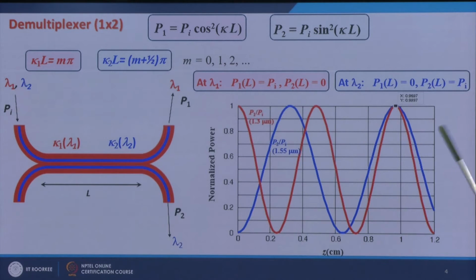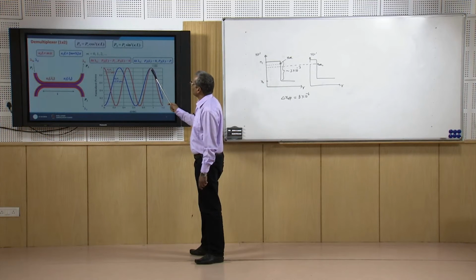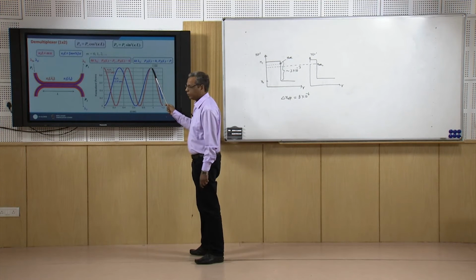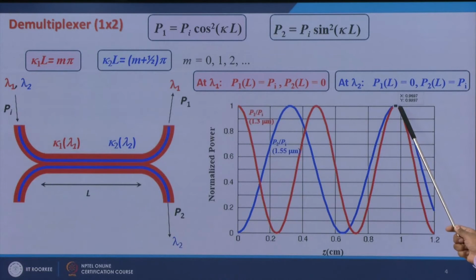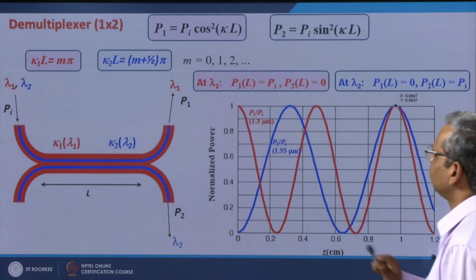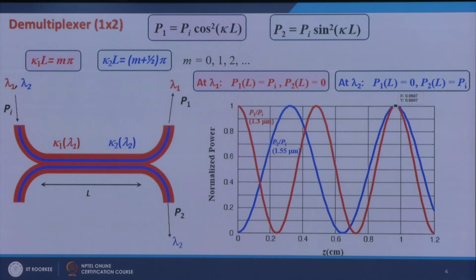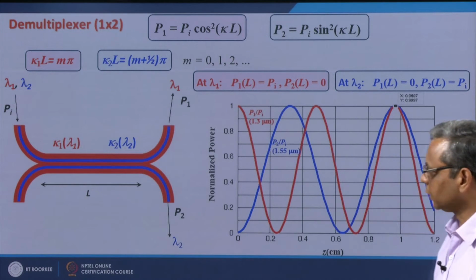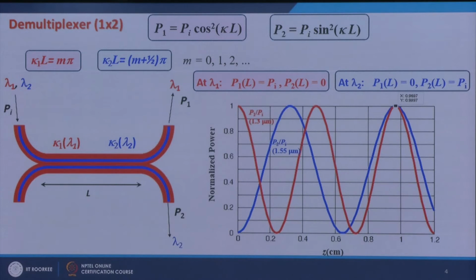So, at this value of Z, I have power in core 1 at lambda 1 equal to Pi and power in core 2 at lambda 2 equal to Pi. So, lambda 1 will come out from this port and lambda 2 will come out from this port. So, this is how I can choose the coupling length, the demultiplexing length for such a coupler.